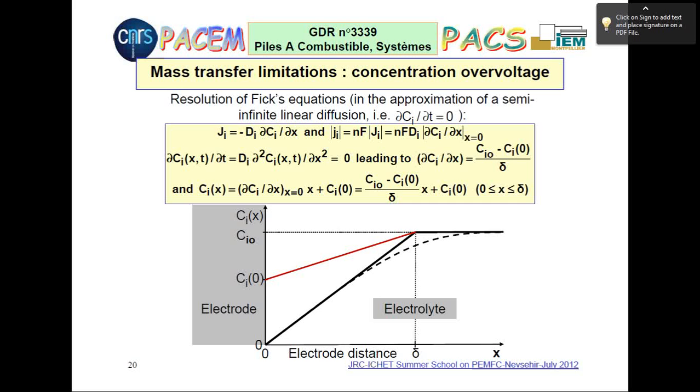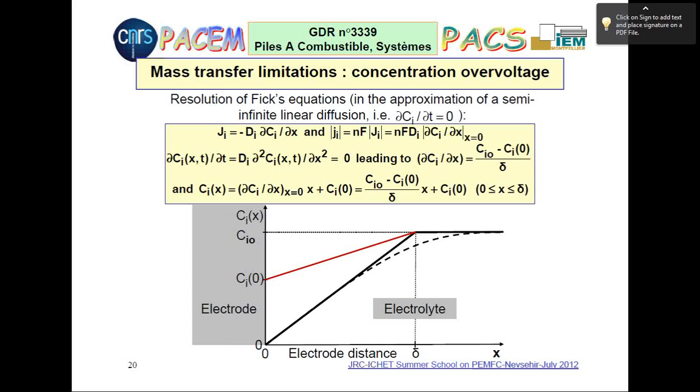There's an approximation. This approximation is not so bad because if you solve this equation with the correct boundary conditions, you get the dashed curves here. So in the main point close to the surface, it works well. This solution can give you the concentration gradient here.